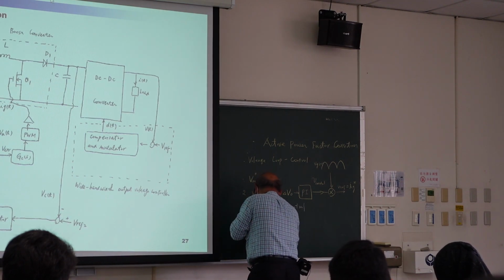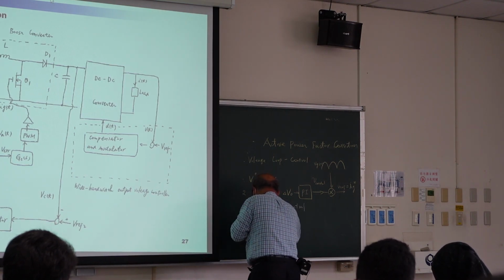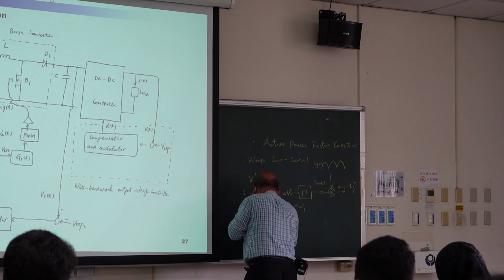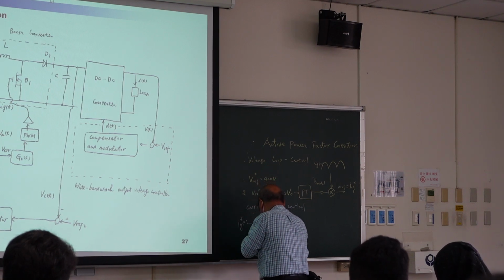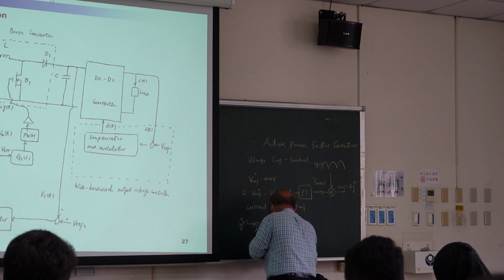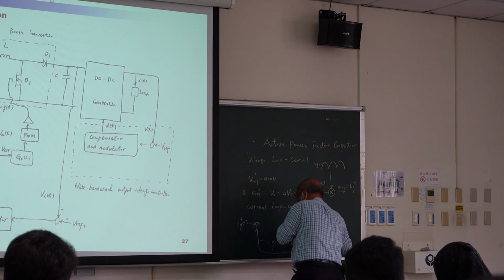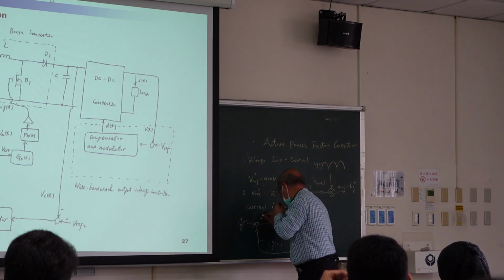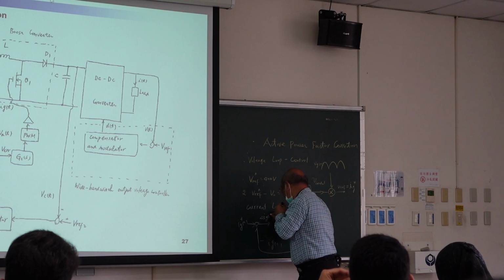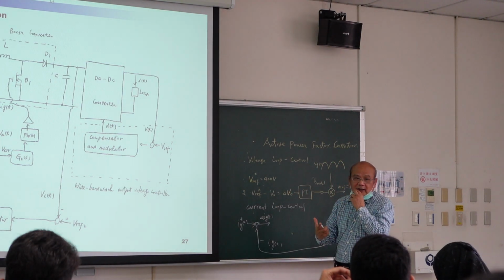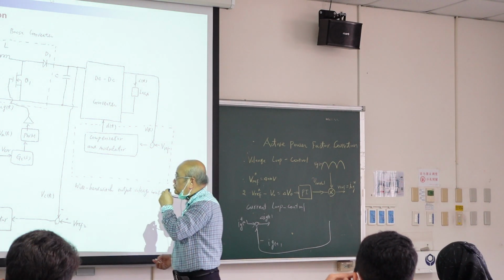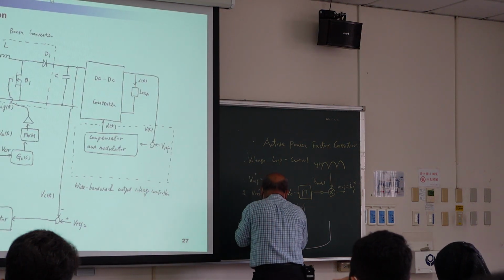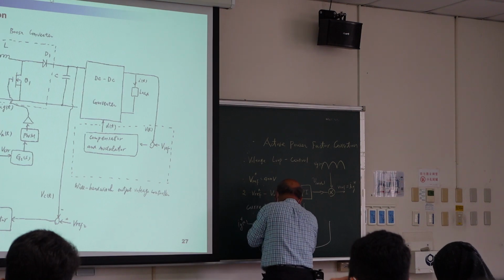So this is desired current. Input here, and we feedback IG. This is real current, right? And then we can create current error. Right, current error. And then we have to design PI controller.